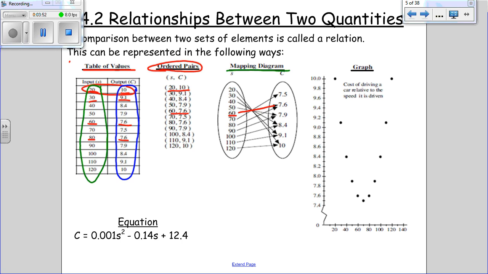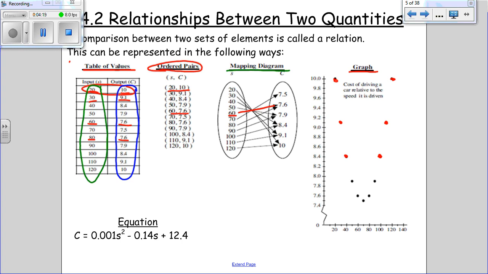All right, the last one that we're going to talk about is a graph. And you've seen a graph a lot, right? This should be definitely one you're used to. And graphs have points on them, and each point represents two things. It represents how far left or right you've gone, and it represents how high up or down you've gone.